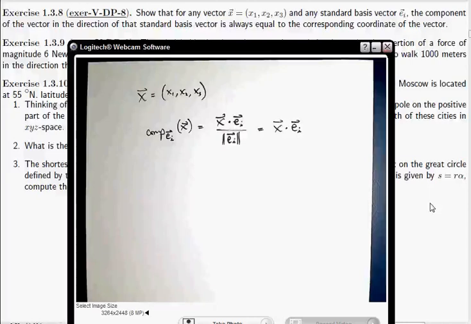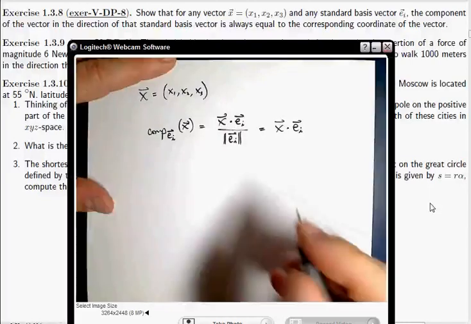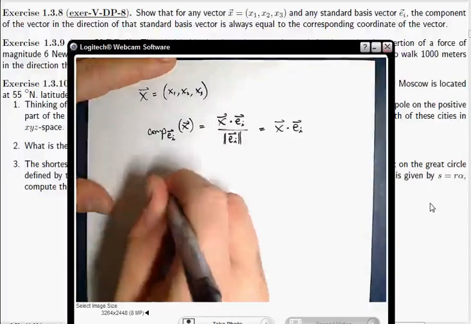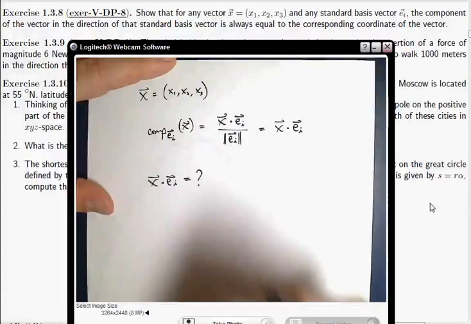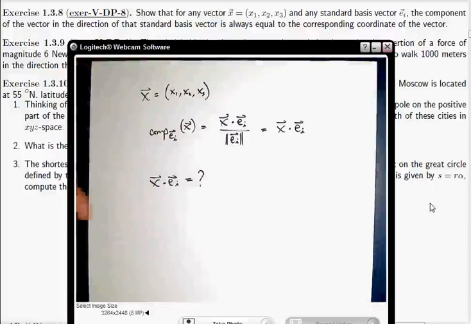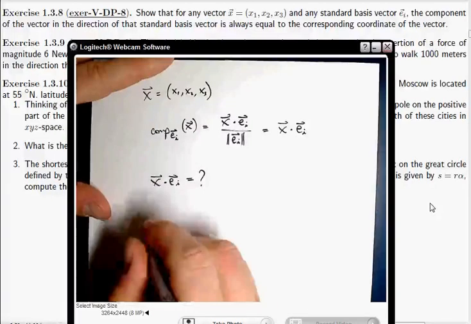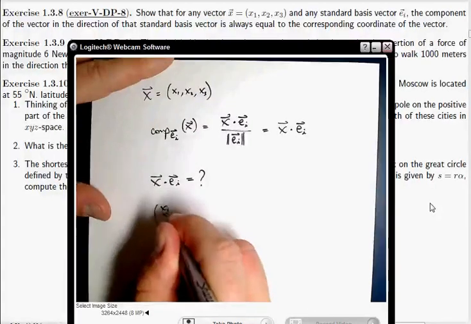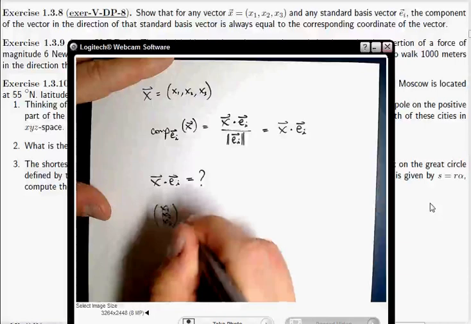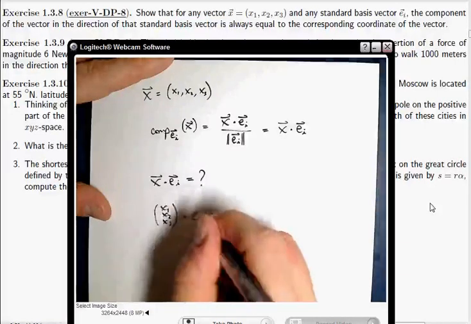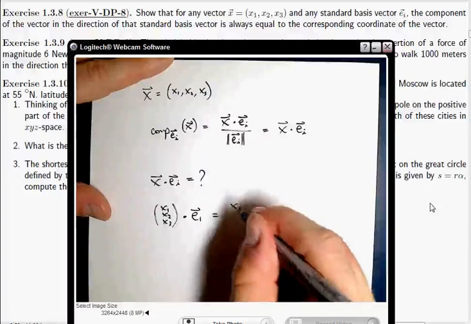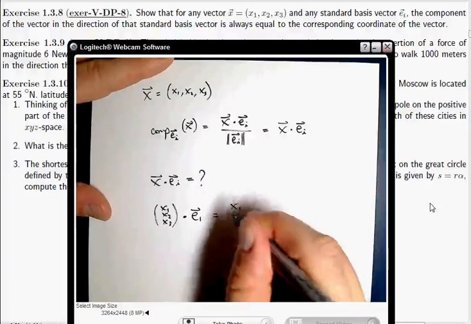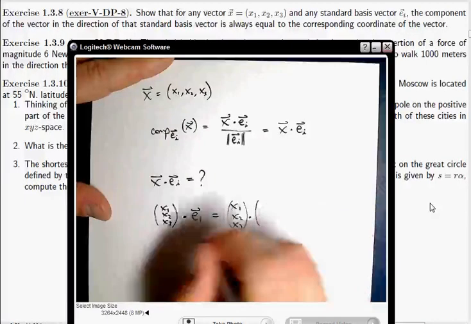But okay, so let's finish this up now. What is x dot Ei? Well, it depends on what Ei is. There are 3 of them, and you have to write them all down. So in particular, x1, x2, x3 dot E1 is, well, what is E1?